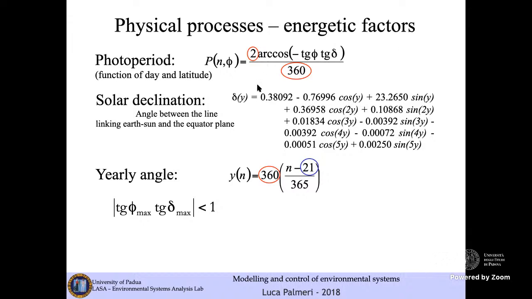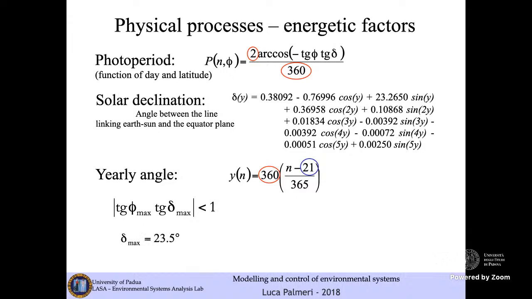Then, by making some considerations on the quantities that appear in the photoperiod, for example, we may calculate the tangent of the maximum latitude times the tangent of the maximum solar declination. This quantity is always smaller than 1. Why?